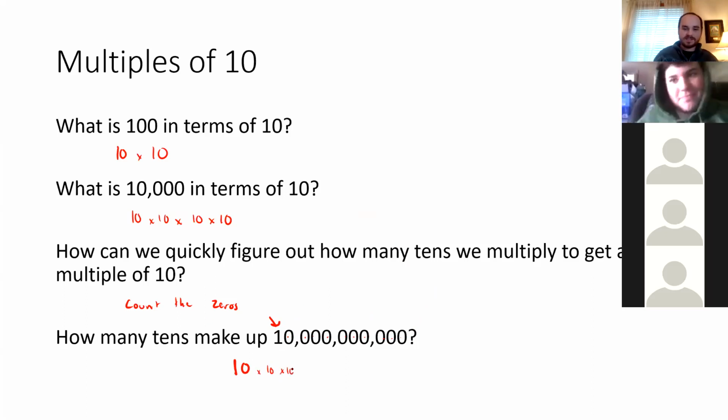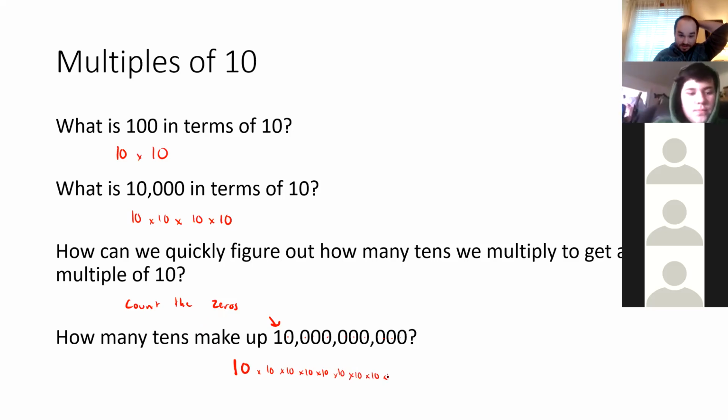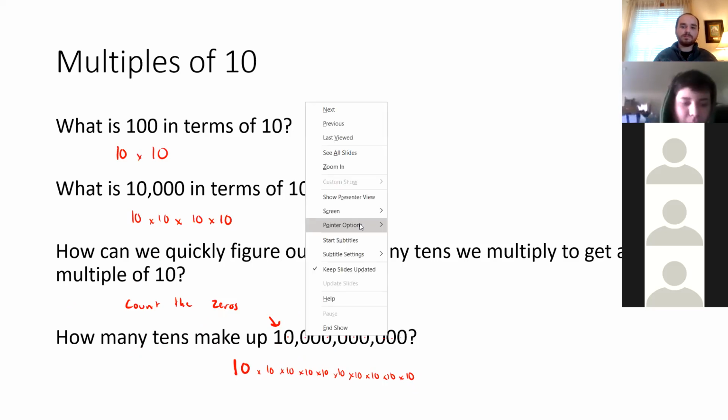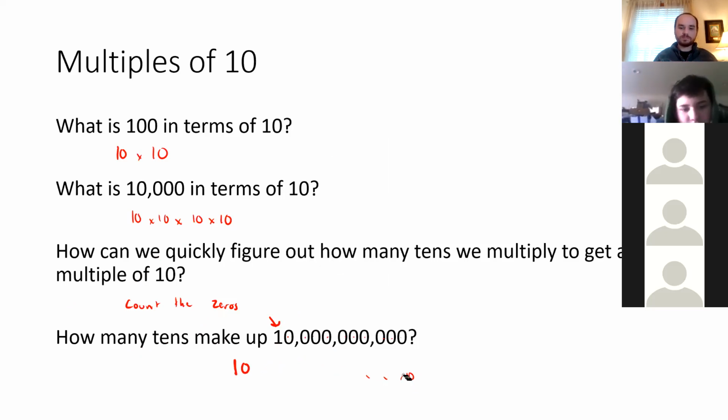Times 10, times 10, times 10, times 10, times 10. Can we just do 10 to the power of 10? Yeah, they're the same thing. But you can just write 10 because the question is how many 10s make this up. So we don't need that extra stuff. So there, that's how you would write this one.